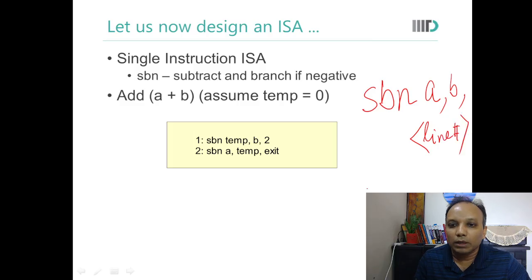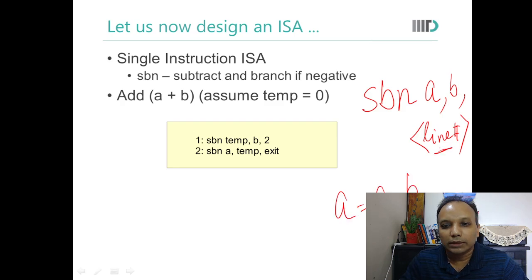It will perform A equals A minus B, and if the answer is negative, then it will jump to the line number which is specified, and if it is not negative, then it will go to the next subsequent instruction. And the claim is that if we have this kind of an instruction, then we should be able to implement any instruction.